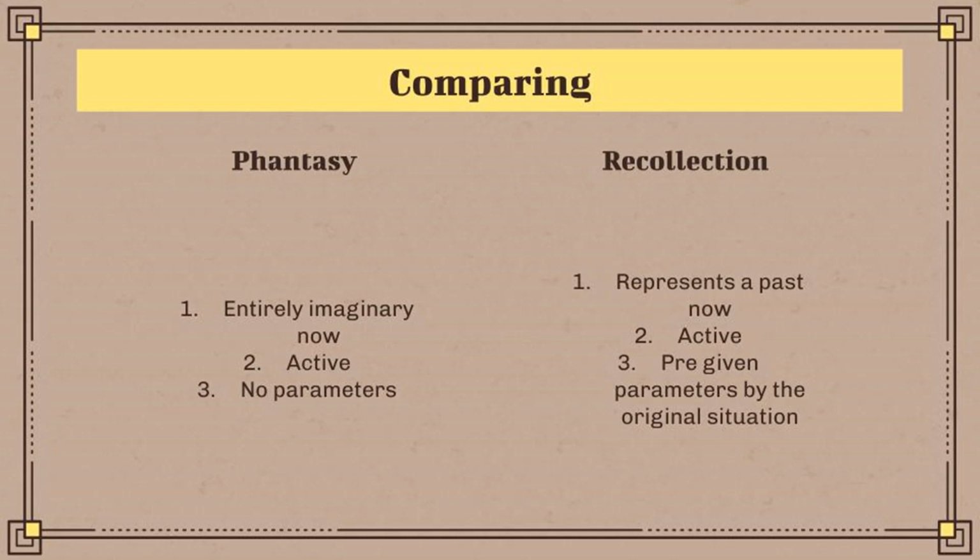They're both active on the part of the one who remembers or imagines, and then there are no parameters in fantasy, whereas in recollection, the parameters are pre-given by the original situation. A person may misremember, but they intend their memory to be a true depiction of the original situation, which is part of what makes it a recollection.